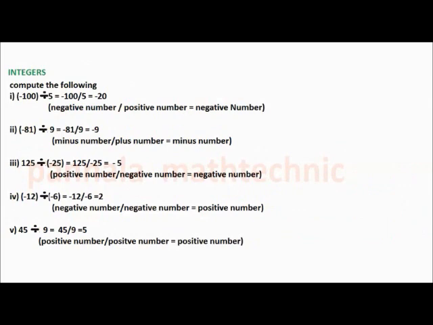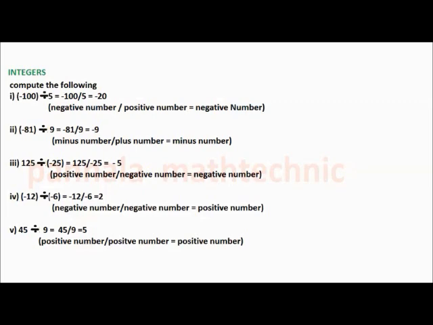Let us see. In the first case, minus 100 is divided by a positive integer 5. So minus 100 divided by 5 gives minus 20. So a negative number divided by a positive number results in a negative number.